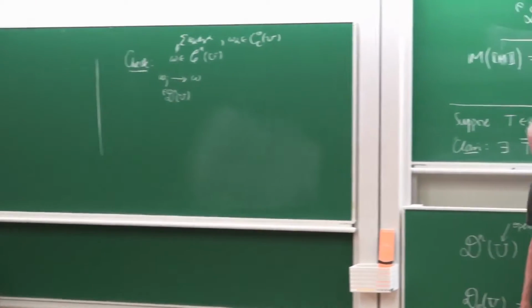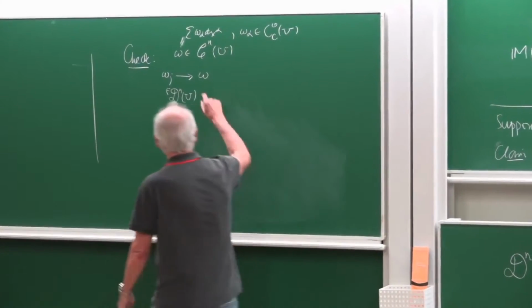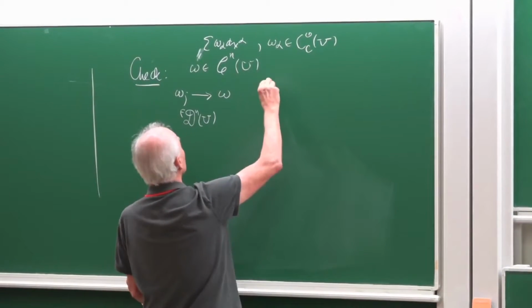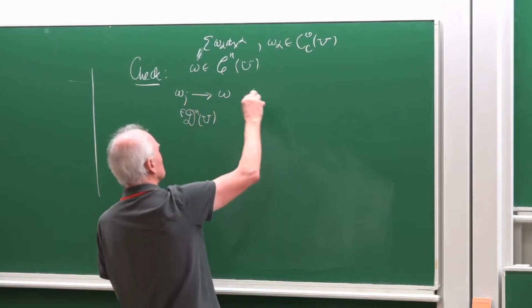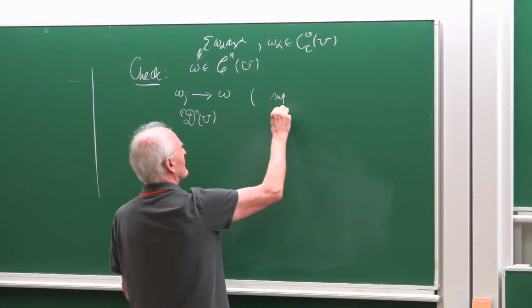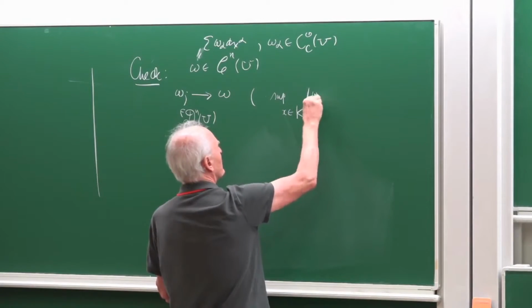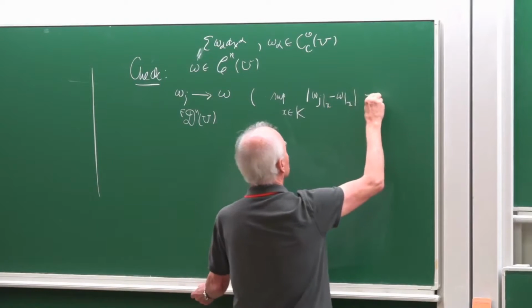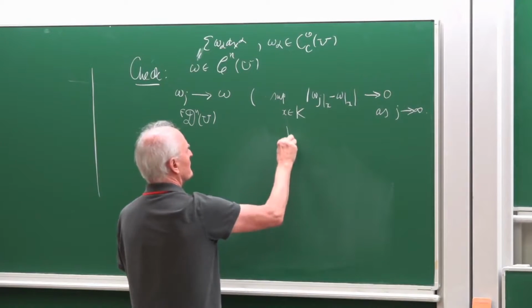You can always cook up smooth approximations to a continuous function, of course. So we can certainly find sequences like that, which converge in the C0 sense, meaning that the sup over x in K of omega_j at x minus omega at x tends to 0 as j tends to infinity for every compact K.